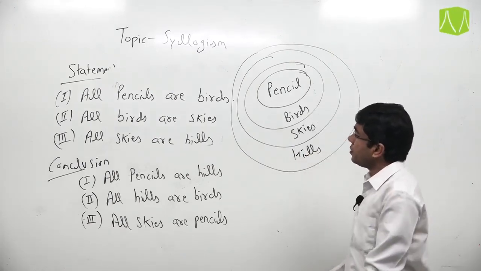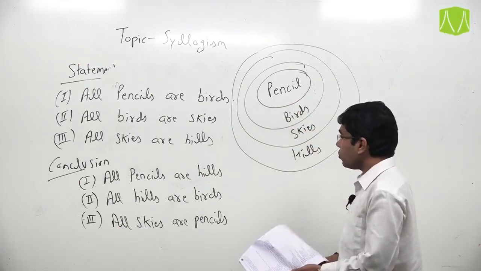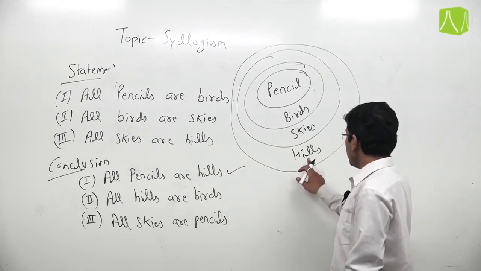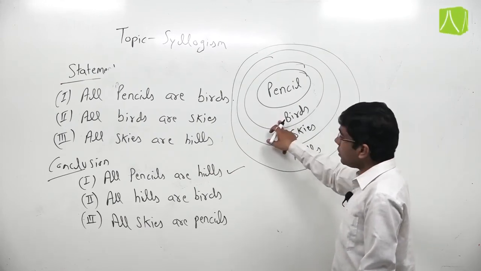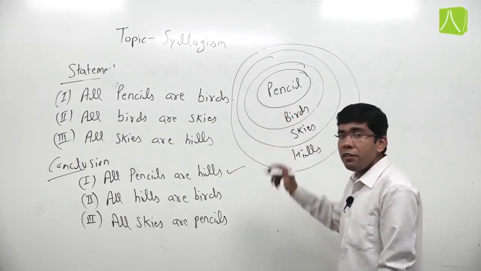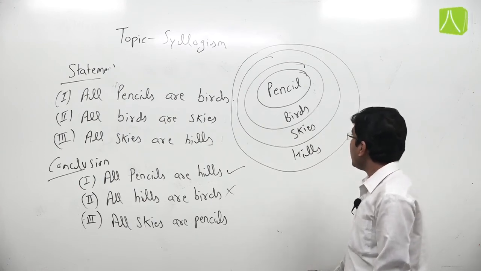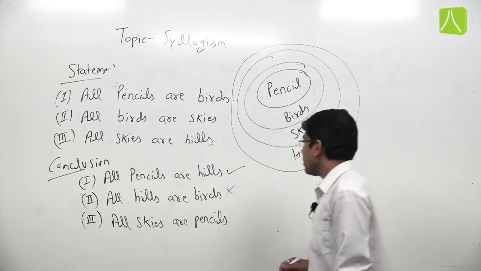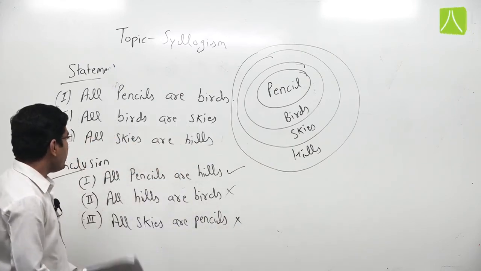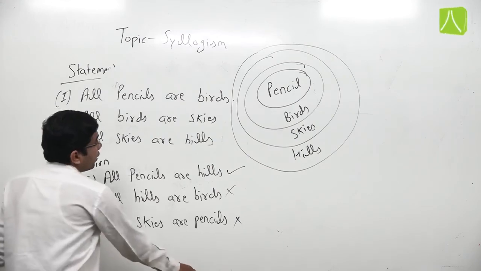Now all pencils are hills, all pencils are covered by hills, so conclusion number 1 is correct. All hills are birds, it is not correct because all birds are hills, but all hills are birds is not correct. Second is incorrect. All skies are pencils, it is also incorrect. So our conclusion number 1 is only correct.